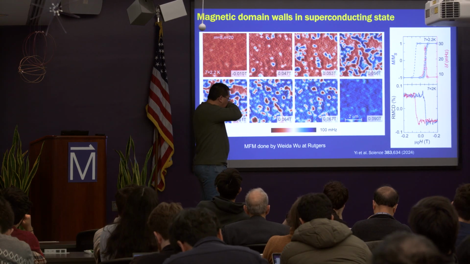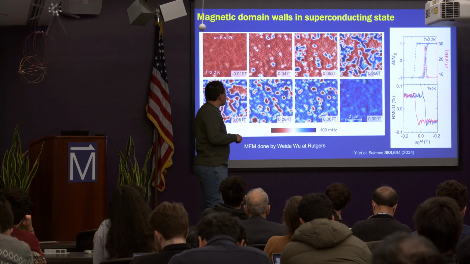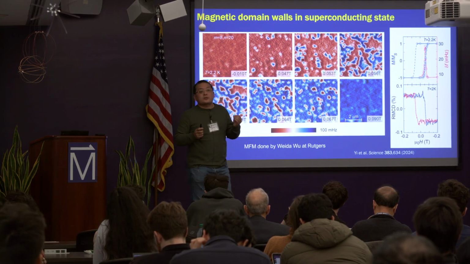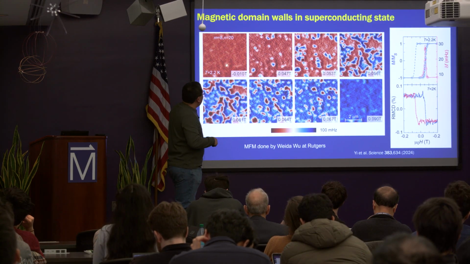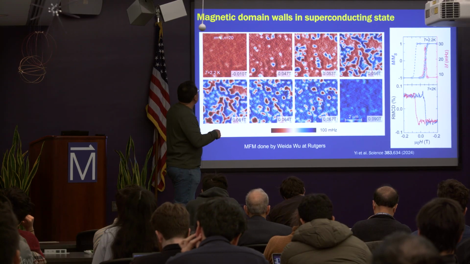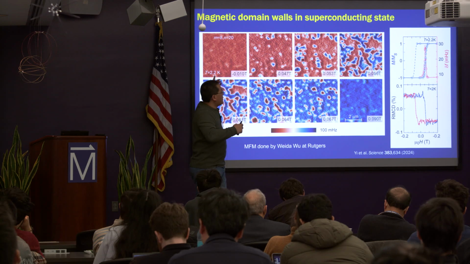And here, Vidya from Rutgers performed the magnetic force microscopy measurement. Here we can see if you apply a high magnetic field at 2.2 Kelvin, it is uniform, a single domain state shown in red color.